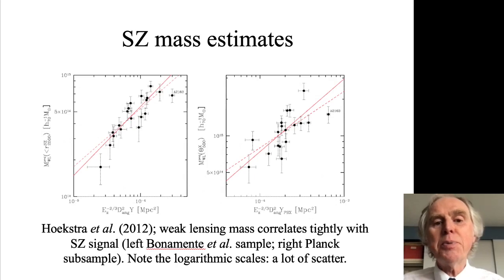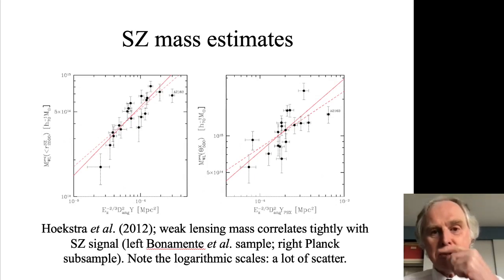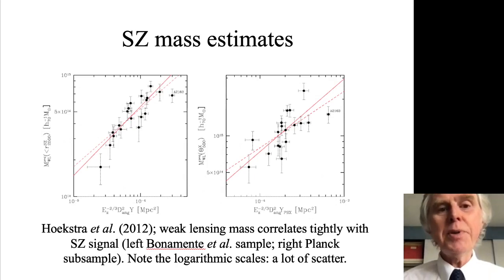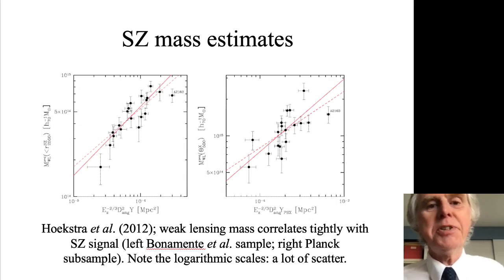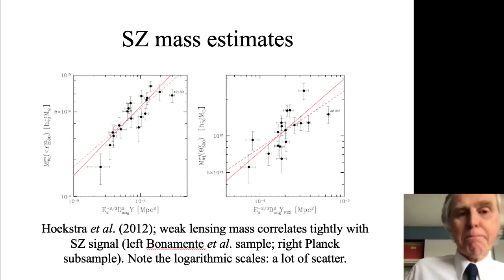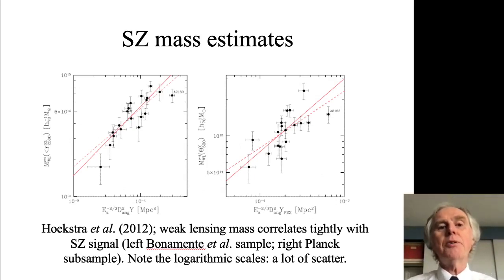You can do that for multiple clusters, and you find, as you would expect, that the measurements of the mass in the SZ and the measurements of the mass in weak lensing really agree extremely well. On the left is a set of high quality images in the SZ being correlated with a set of high quality lensing measurements, quite a tight correlation.